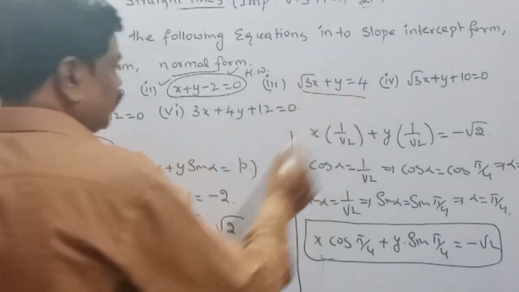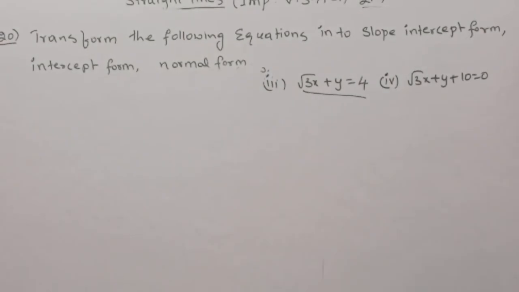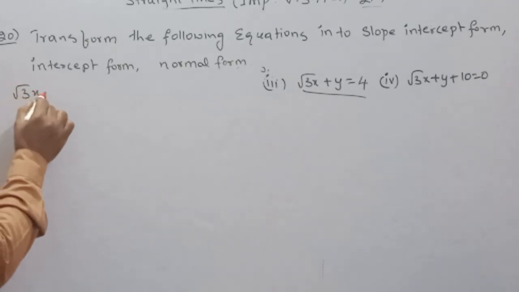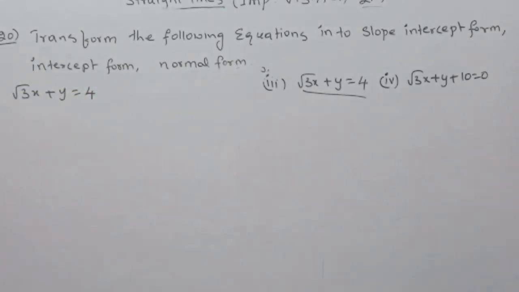We can do this problem, that is root 3x plus y is equal to 4. So the third problem is root 3x plus y is equal to 4.